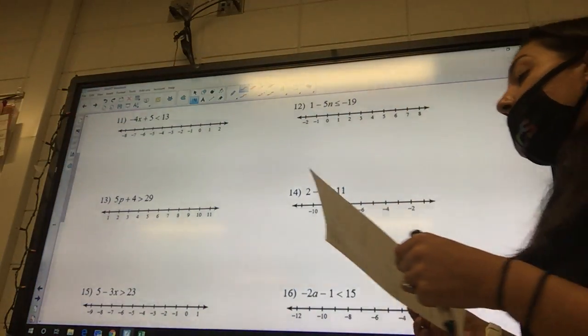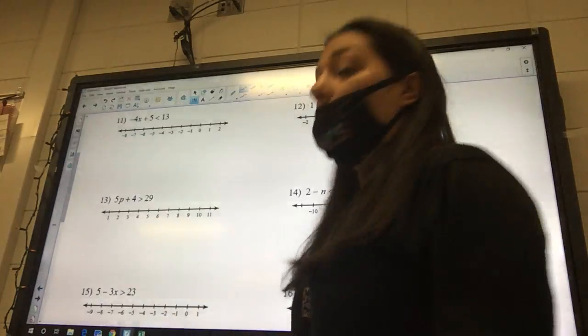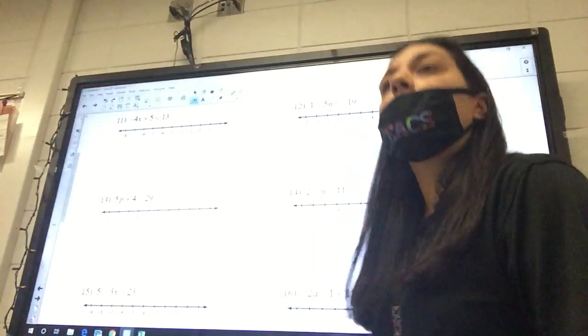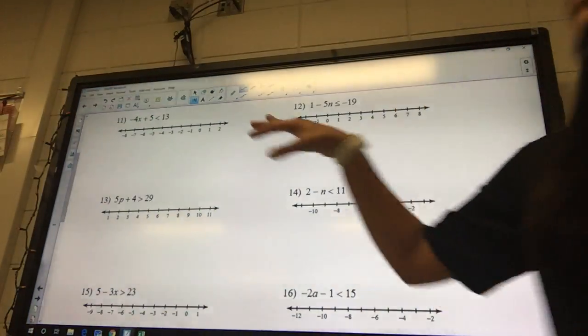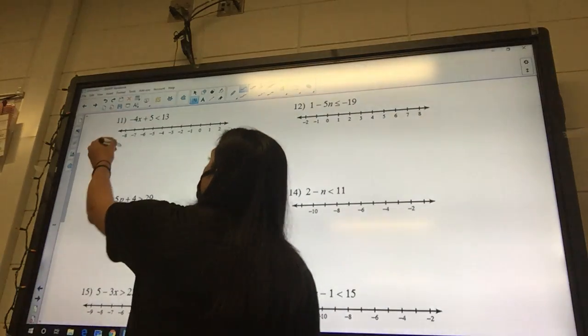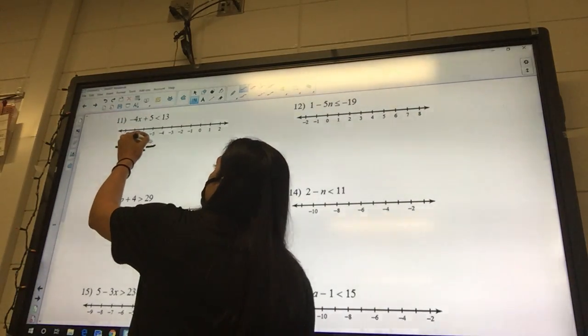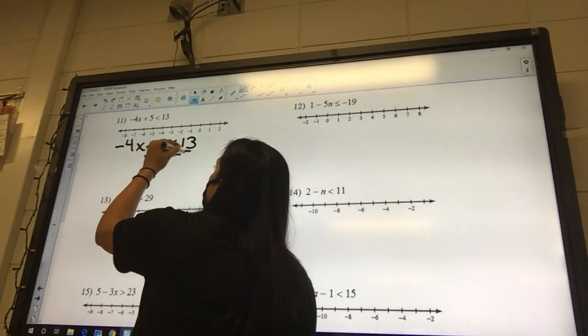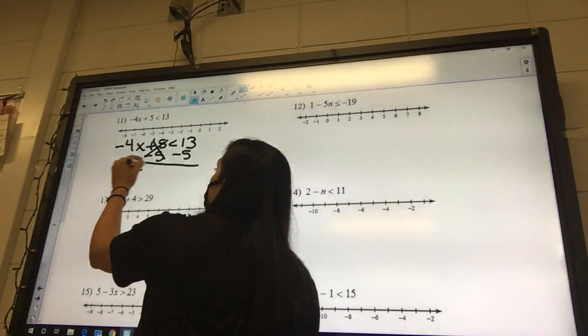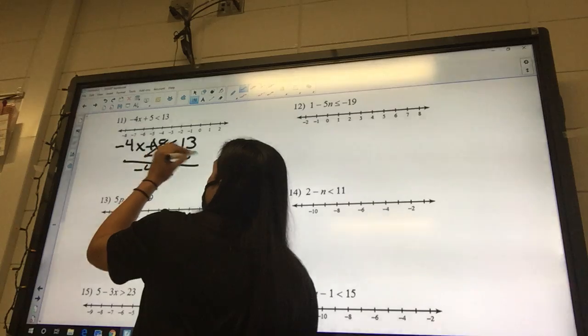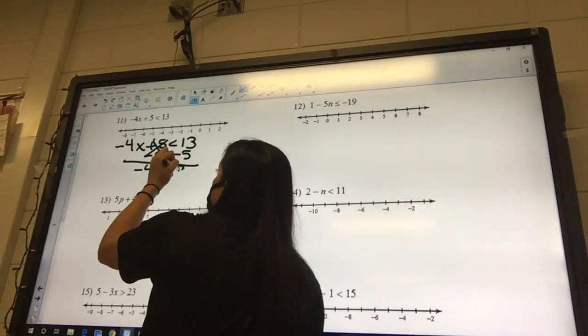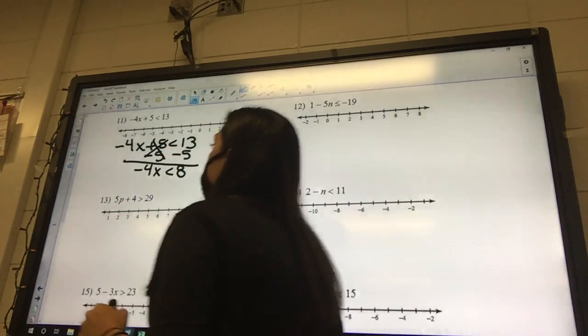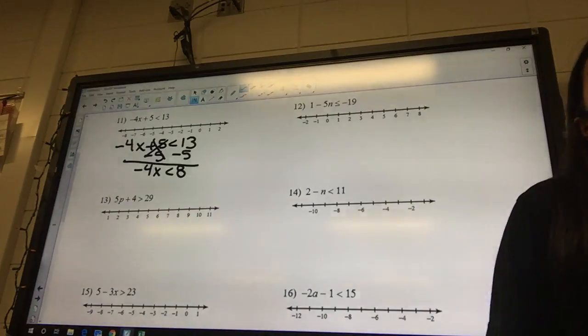Okay, so let's do 11. So you guys remember we talked about the kid and the couple. Who's the kid? Because that's what we need to move first. Subtract 5 from both sides. 8. Okay, and then what's my last step almost always?